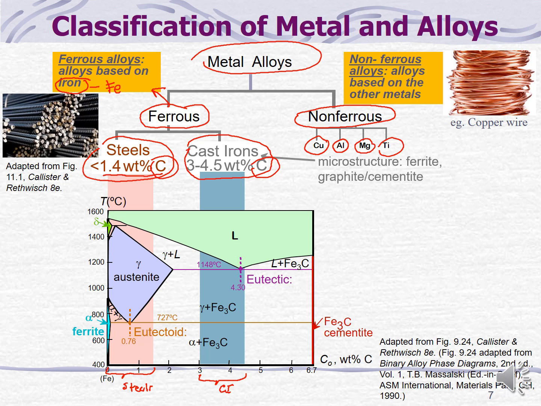And as I said earlier, in this chapter, you need to have the knowledge of the previous chapter. So this is the iron carbon phase diagram. It's a phase diagram for steel and also cast iron.